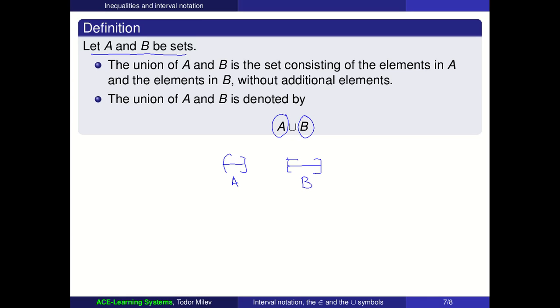Okay, so let A and B be two sets. The union of A and B is the set consisting of the elements in A together with the elements in B without any additional elements. So you take those elements that belong to the first set A, so if A is an interval, you take all the points in the interval A, you take all the points in the interval B, and no other points, so you don't add any extras.